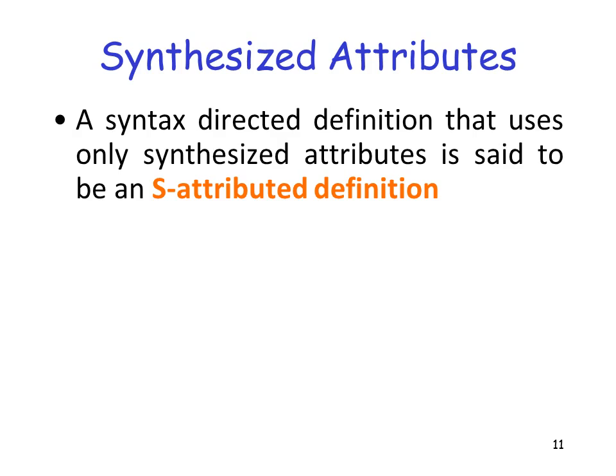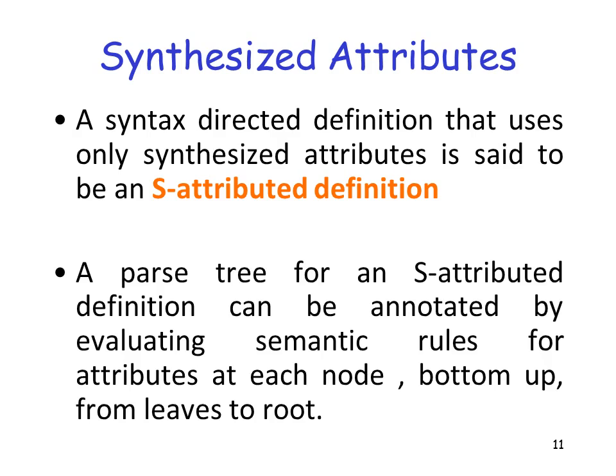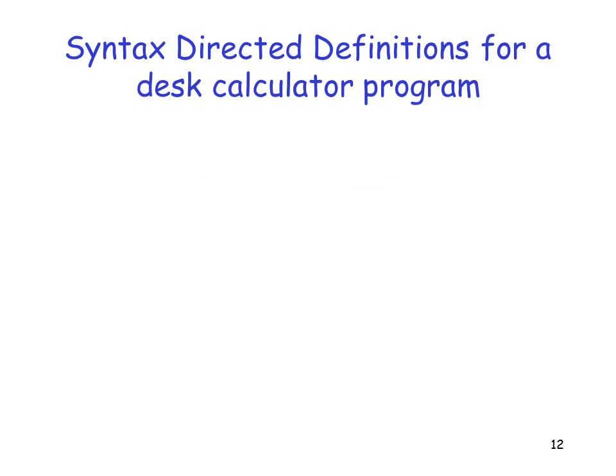This is very important. If a parser has only S attributed definitions, the values of the attributes can be evaluated with a bottom-up traversal of the parse tree, starting from the leaves and working towards the root. It is actually a post-order traversal.